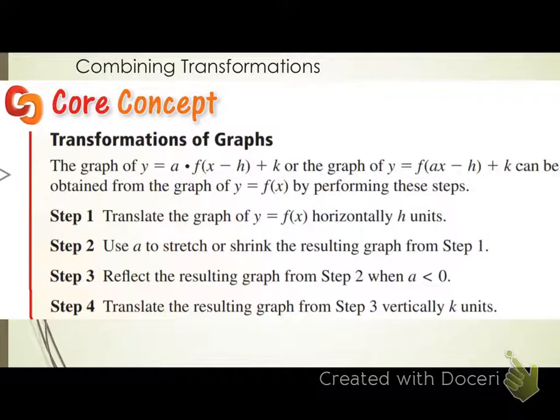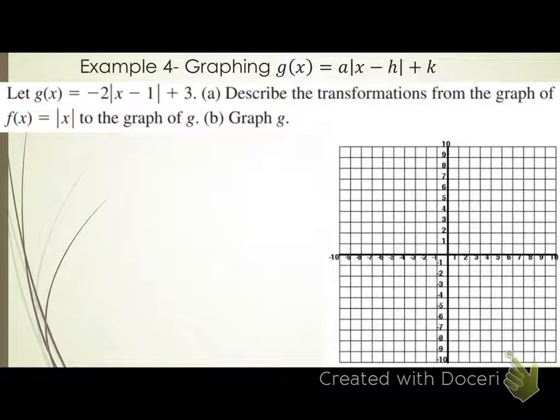So what was step 1? Horizontal translation. Which one of these is going to horizontally translate my graph? That plus 3 is a vertical translation there. Oh, the 1. The minus 1. Remember, if we're adding or subtracting something inside the grouping symbols, that's going to be my horizontal translation.